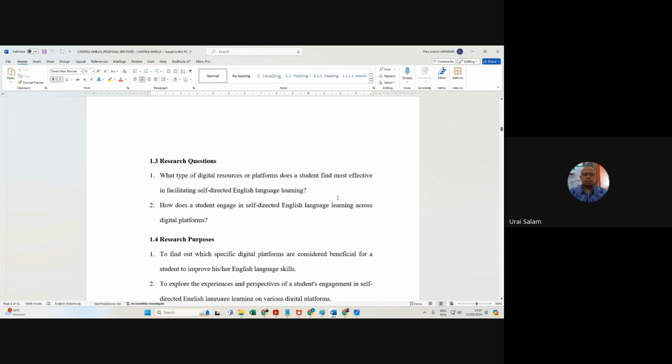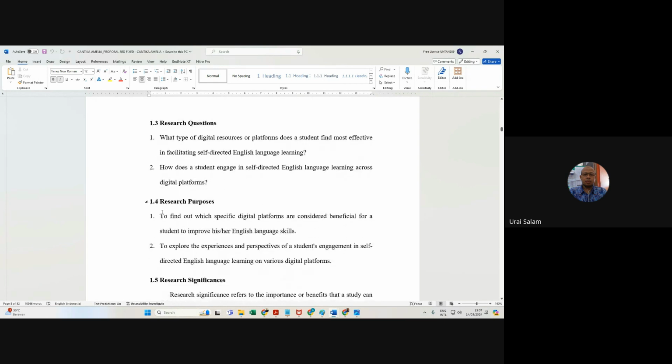Now, your research is not only focusing on the most, but anything that the student feel is useful. And the second question: how does the student engage in self-directed learning? So you want to know the activities, how the student is really involved in self-directed learning activities.